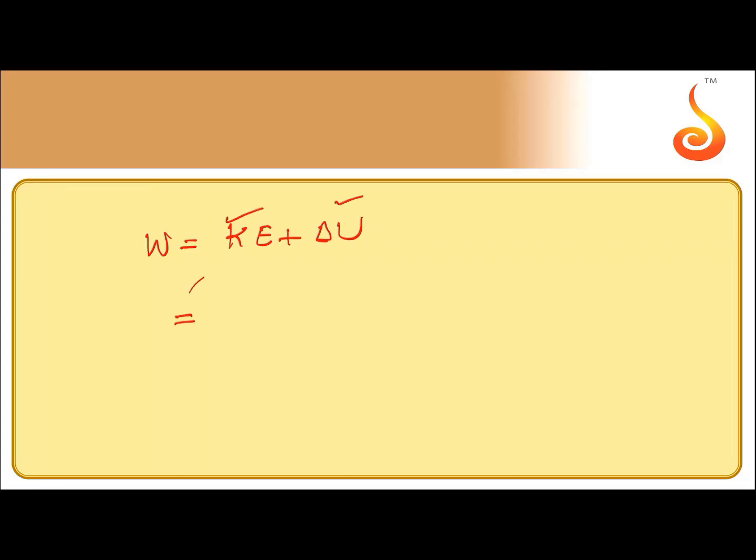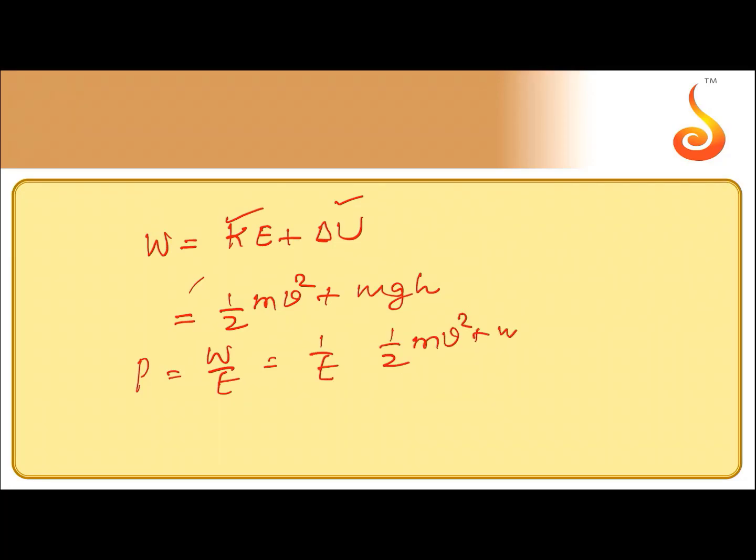What is that kinetic energy? It is half mv square, and this is mgh. And power delivered is work done divided by time. So, I am going to write 1 by t, half mv square plus mgh. We can simplify it further.